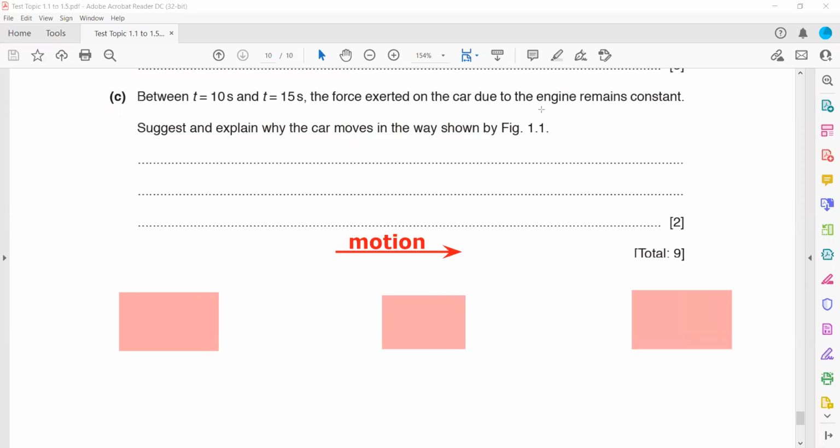As you can see, the speed of the car is increasing. From 10 to 15, at 10 it was 26, then for example it turned into 27, and then it turned into 29.5. So the speed of the car is increasing, but the force of the engine is constant. The engine is not changing the force.